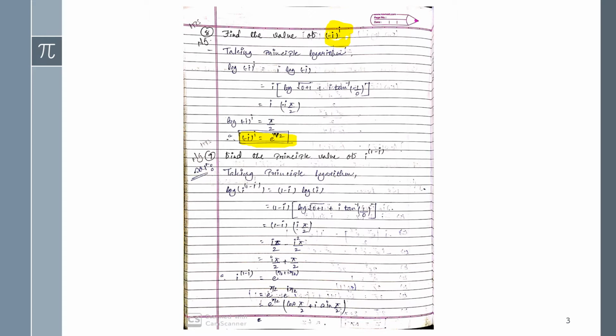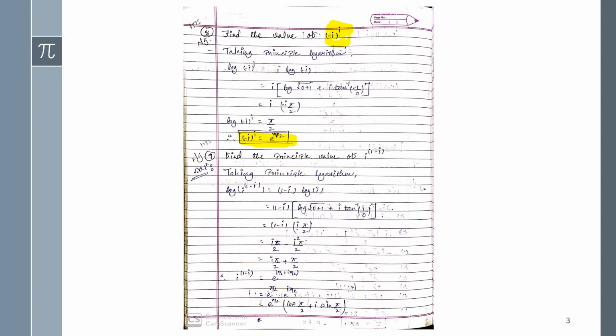And for the ninth one, of course, with the same procedure we will do. So see, the question is given. Find the principal value of i raised to (1 minus i). Okay, so applying principal logarithm on both sides, as we have discussed, in questions of the power form, in the very first step you have to apply logarithm on both sides.